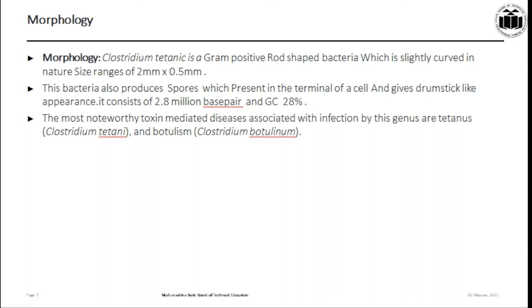The Clostridium botulinum is a bacteria which produces a toxin which is highly toxic in the world, and it also belongs to this group only. So in such a way, till now we have discussed the morphology of Clostridium tetani.